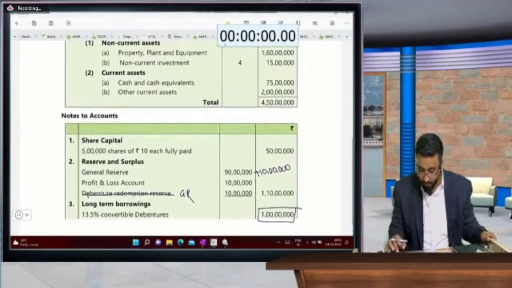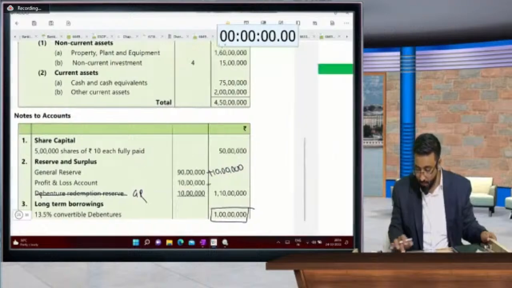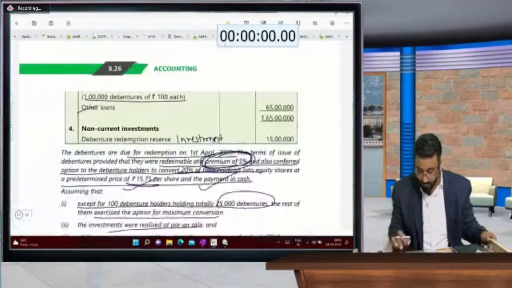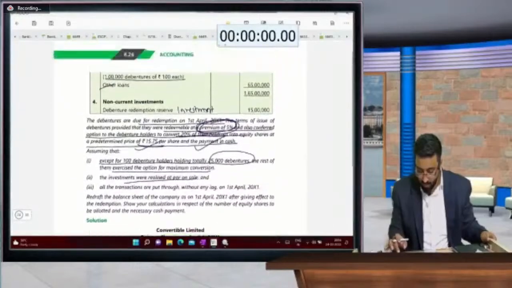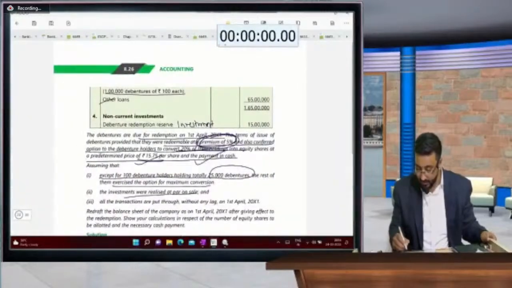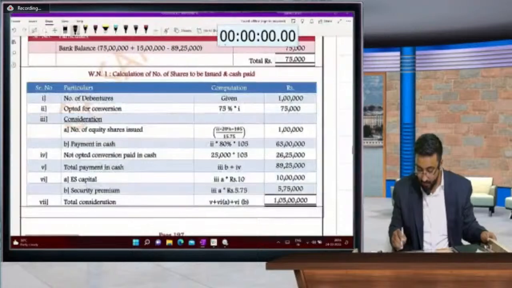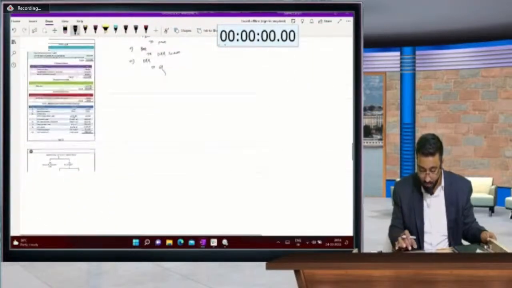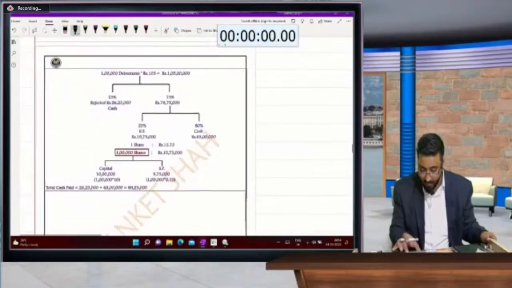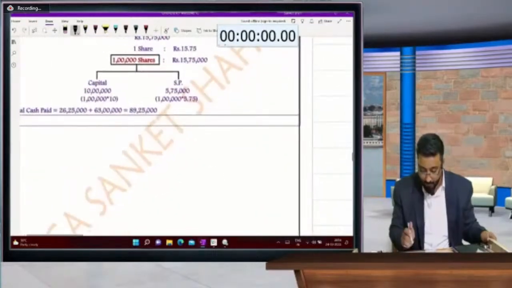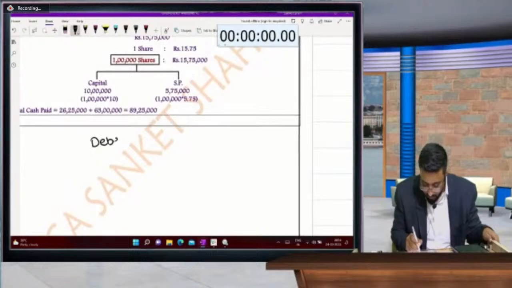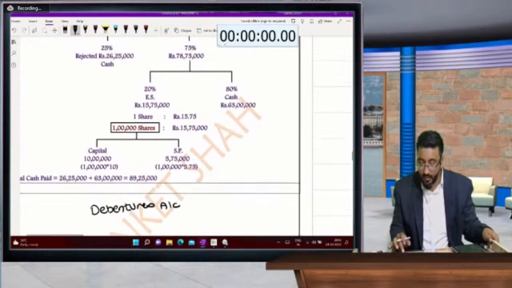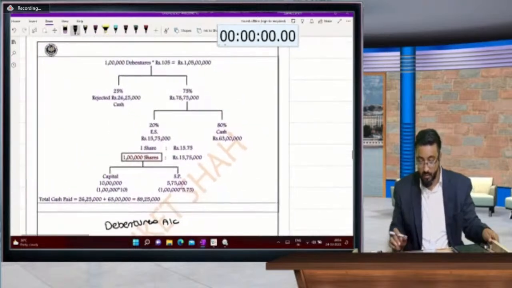So the extra amount you will pay from. Yes. Now what is the extra amount? How are you going to pass this entry? I'm waiting for your entry, beta. What entry are you going to pass now? Chalo, tell me the entry according to the diagram. Debentures account debit. Yes. You only tell me the entry now. Chalo, all of you, tell me the entry.